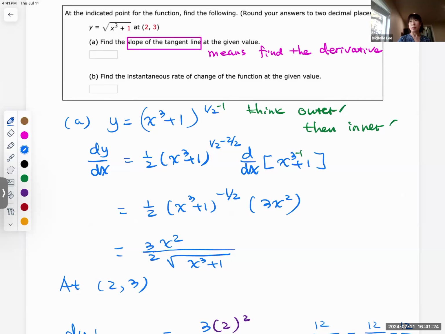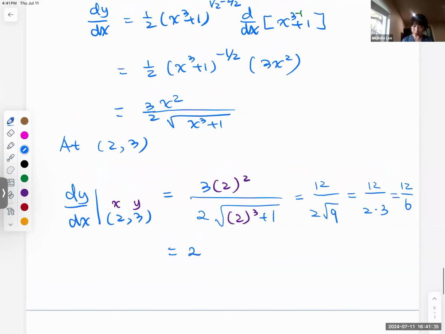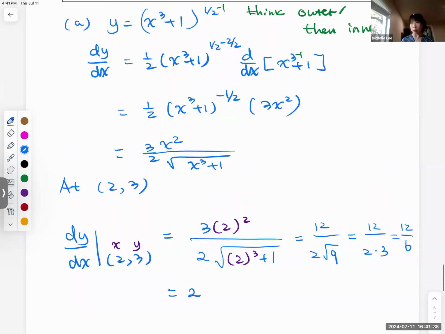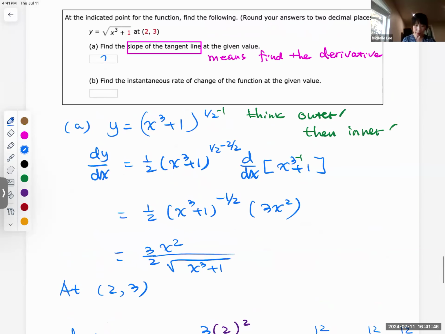Okay. So they say find this. Let me clarify. The slope is 2, right? This is the slope. And they say find the instantaneous rate of change of the function at the given value. So we also say that this is 2, because it's the same.